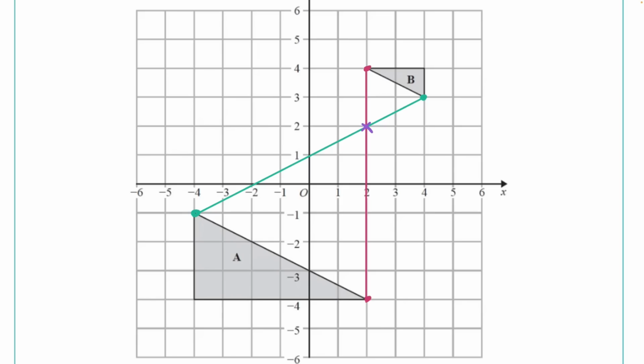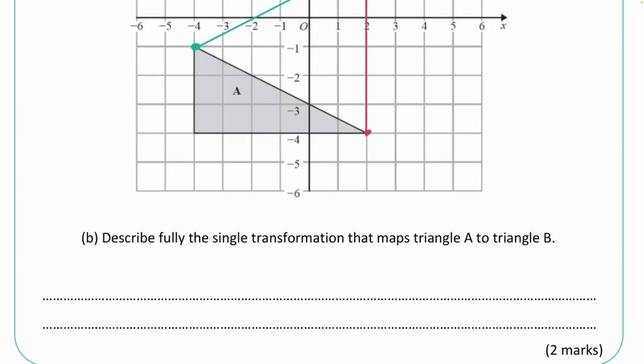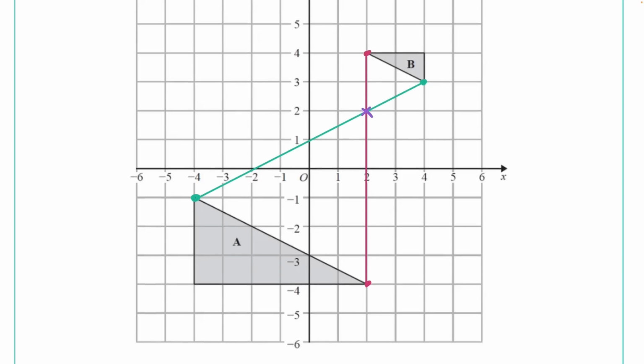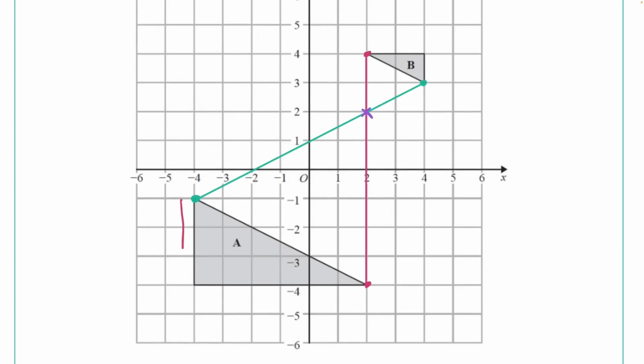So this is an enlargement, and we're going to write that first. So there's an enlargement by the scale factor. Now we're going to have a look at the shapes and figure out how much smaller it's got. This side here currently has a length of 3, and the corresponding side over here has a length of 1. So it's 1/3 of the size.